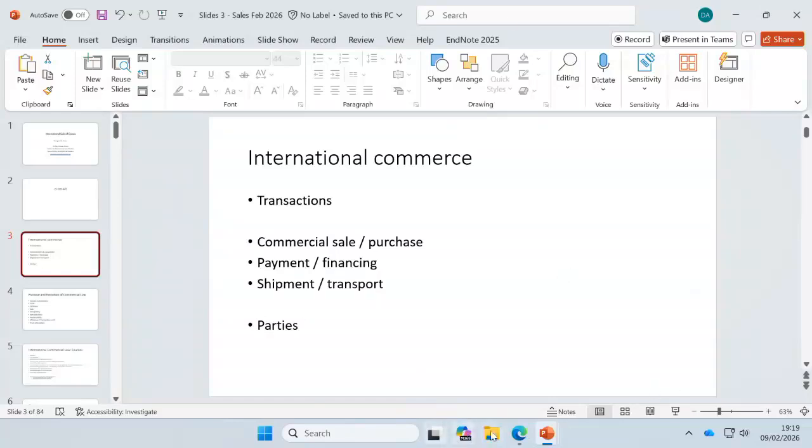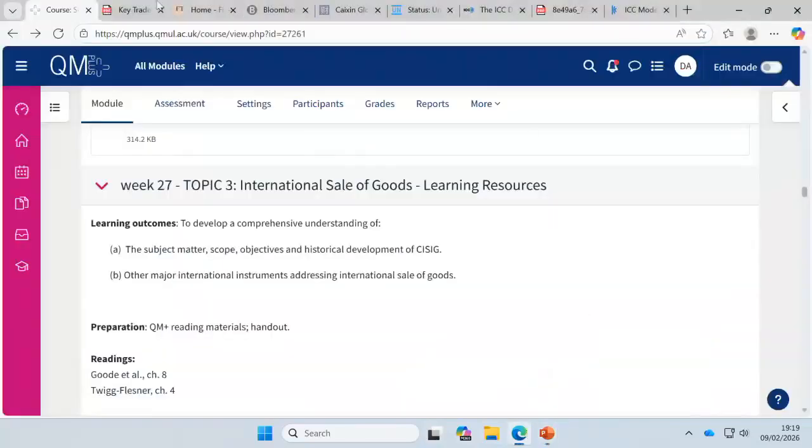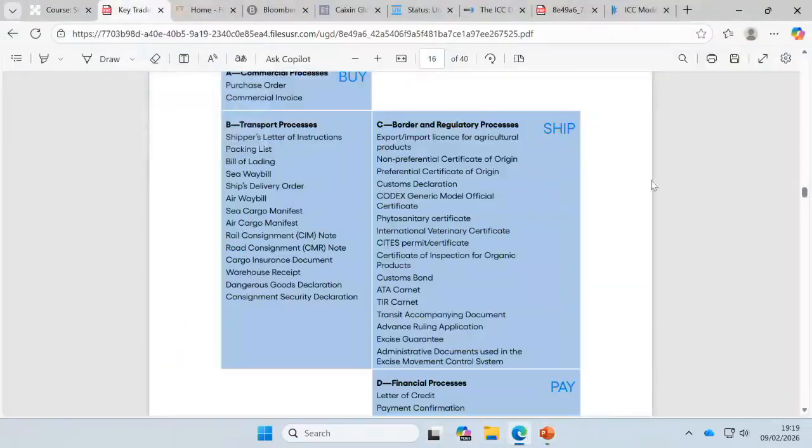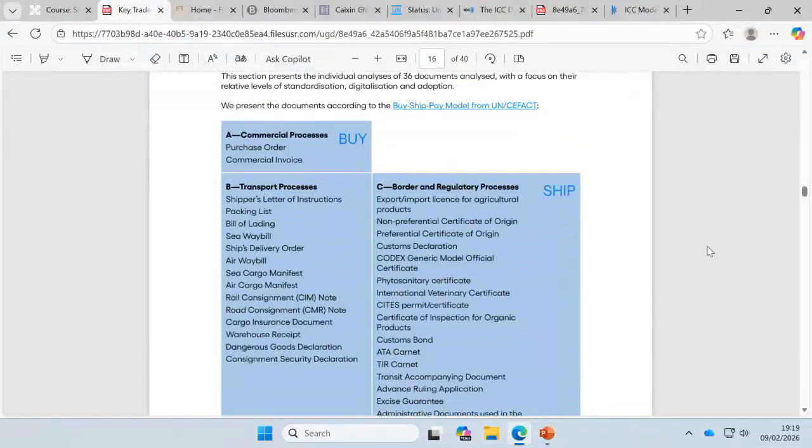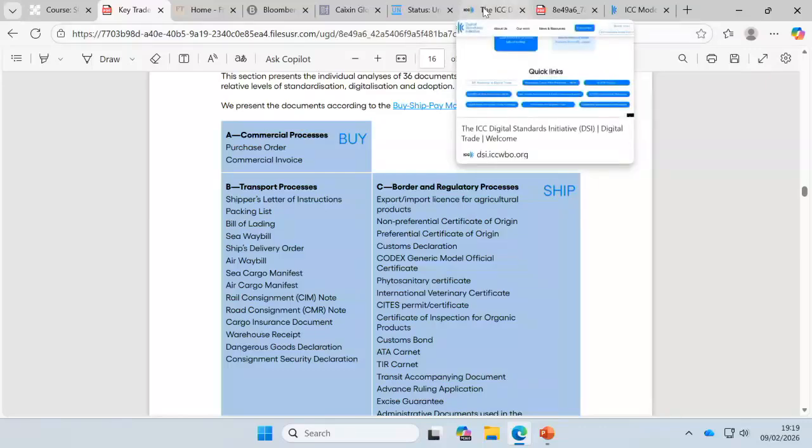And if we look at this framework, this is the ICC Digital Trade Initiative document from two weeks ago, you have standard documents for purchase orders and commercial invoice. Now, let's actually pick up one in a bit more detail.